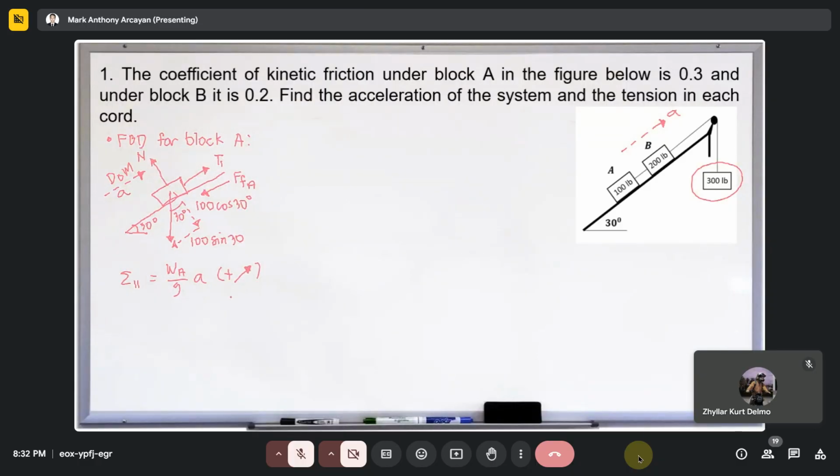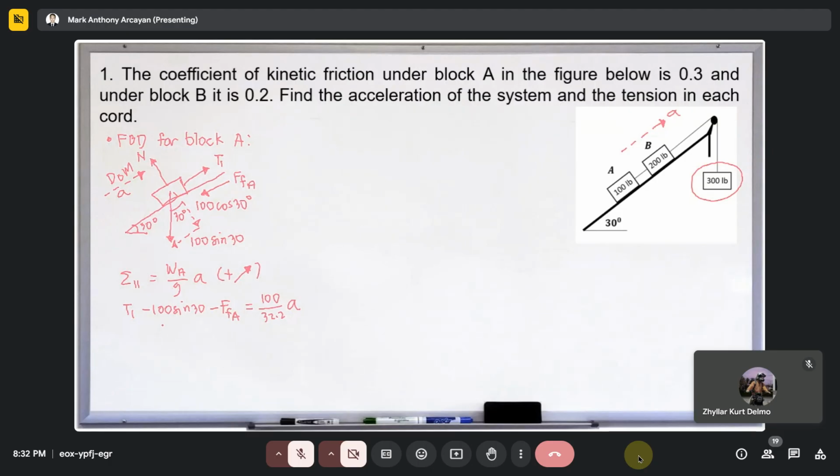The direction of motion is upward. Here, we only have T1 as a positive force. But the rest, like the parallel component of the weight, are negative. So minus 100 sine 30, and we also have minus the frictional force. And that is equal to the weight of A, 100, over 32.2 times the acceleration.